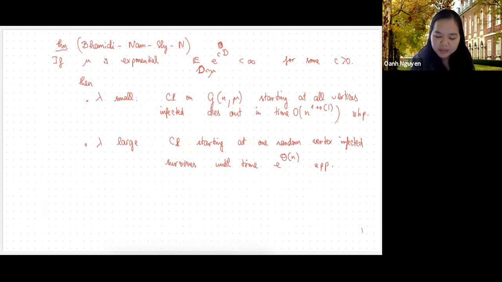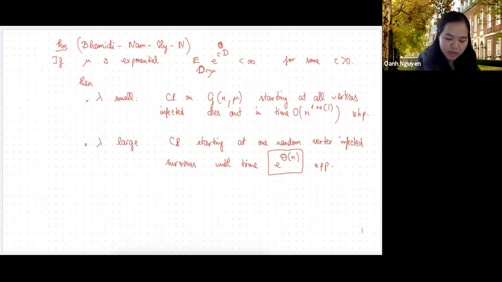Let me take this time to explain why this time is e to the theta n, why exponential is the correct survival time, and it's a similar result as for regular graphs. So let me explain why it is the case.